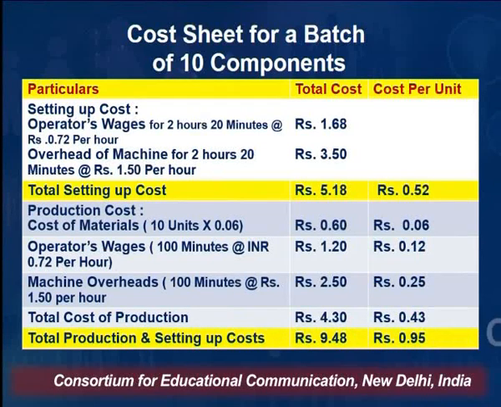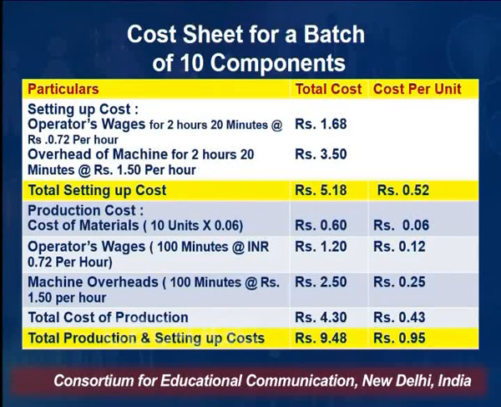Once it is computed, now we shall go for the variable cost, production cost. In variable cost, we have what? We have material, we have operators' wages, and we have machine overheads also. So the cost of material is given that you are having 0.06 or you can say 6 paisa per unit of your production. 10 units we are manufacturing, so the cost comes to be 60 paisa.